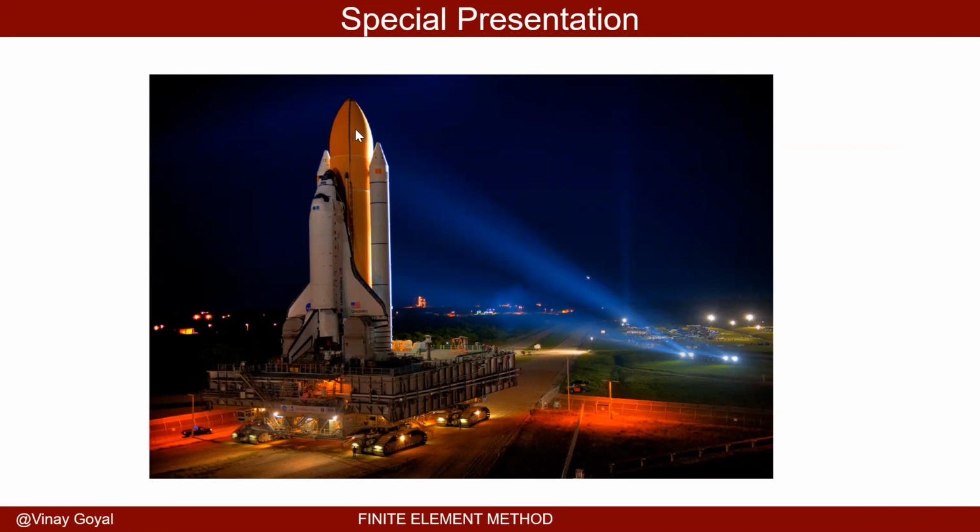For those that don't know, a piece of the external tank foam broke apart and hit the leading edge around that curve, in one of the panels, panels 8 and 9, and it punched a hole. They said foam is like cotton.